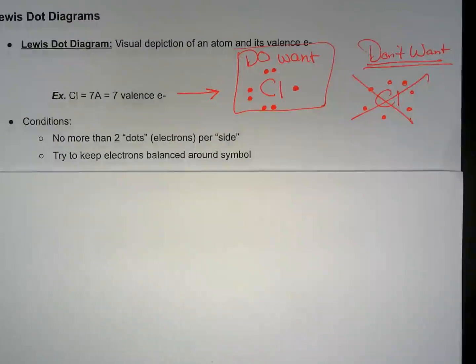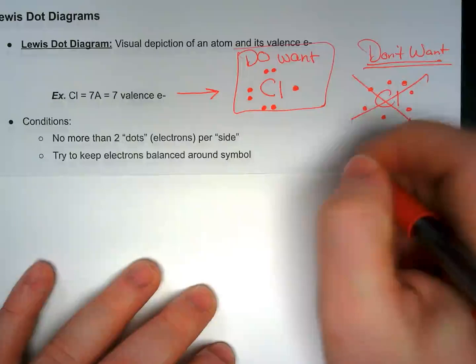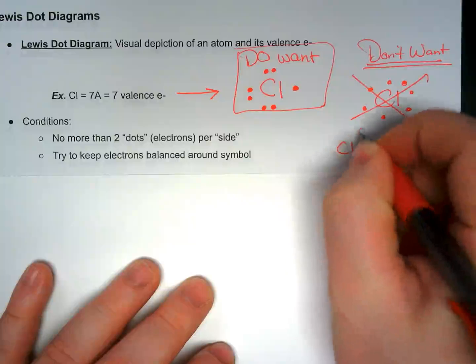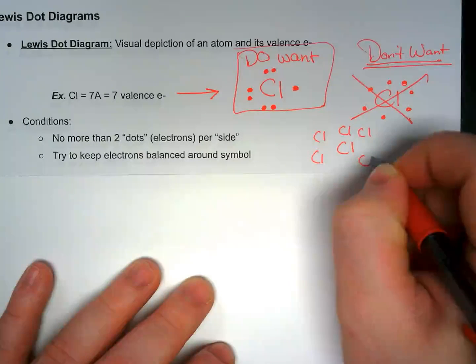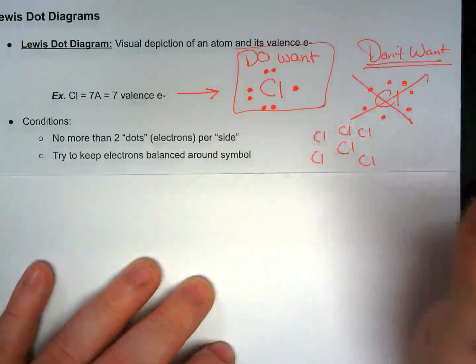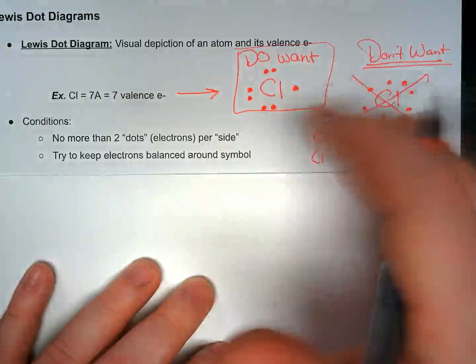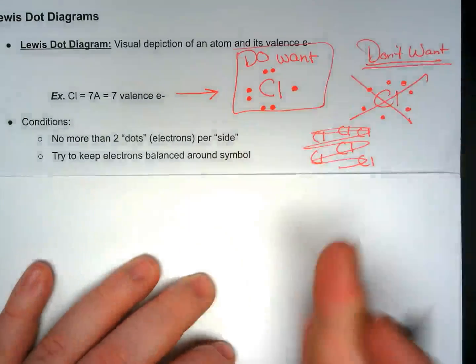The reason why we don't want to do this is because when we get into bonding different atoms with one another, we don't just shove the other atoms, whatever they happen to be, randomly around our other atoms. They're nice and straight.